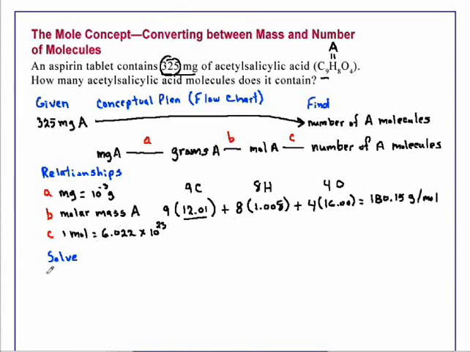So we're going to start with our 325 milligrams of A. And we're going to apply a conversion factor that comes from relationship A. Now, since I'm trying to go from milligrams to grams, I'm going to put milligrams of A in the denominator, and in my numerator we're going to put grams of A, and that relationship is that a milligram, the little letter m, stands for 10 to the minus 3 gram.